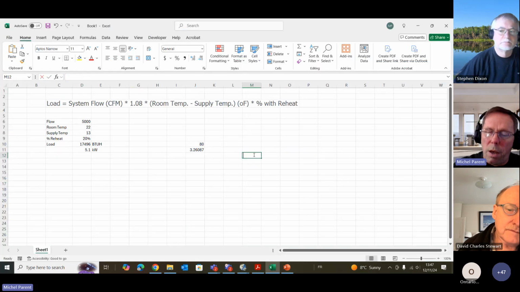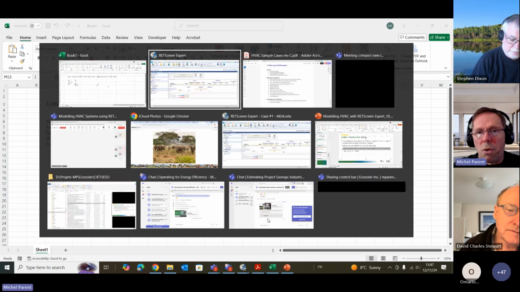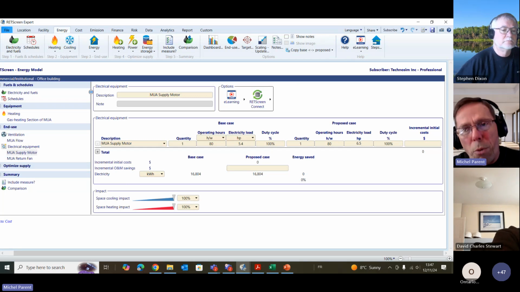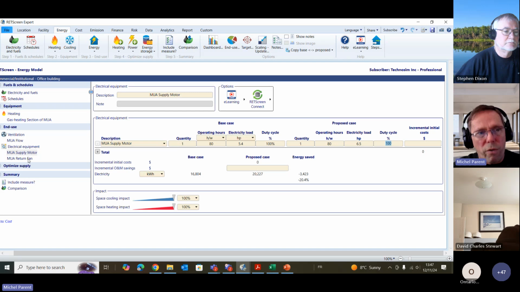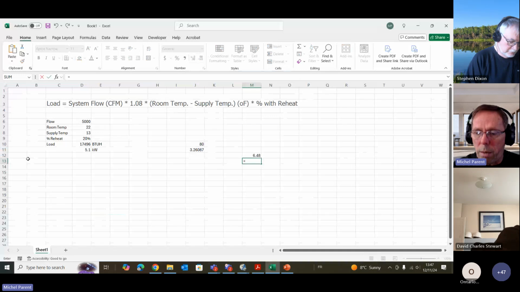So it will be 5.4 times 1.2. So 6.5. So I have to go and put 6.5. Very often people forget about increasing the static pressure drop or the fan power when you put in heat recovery. So you should not forget that. I have to do the same on the exhaust, 20% more.